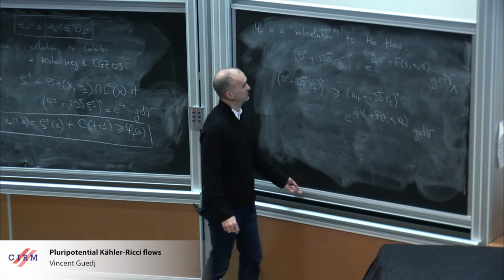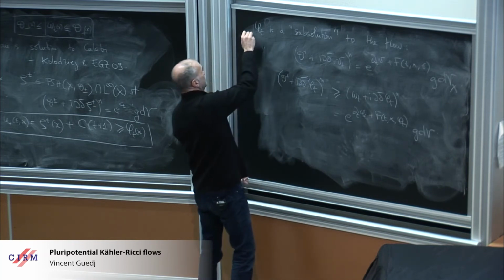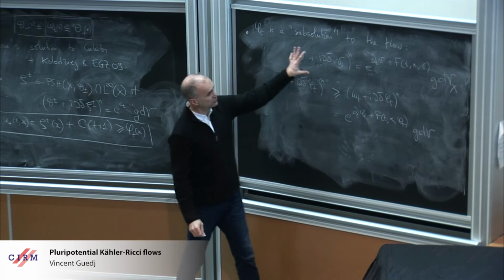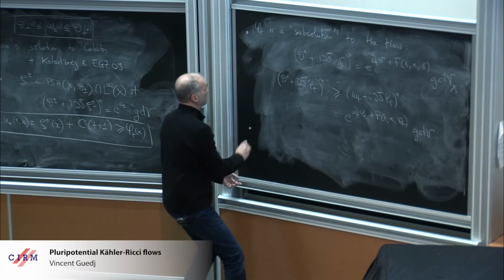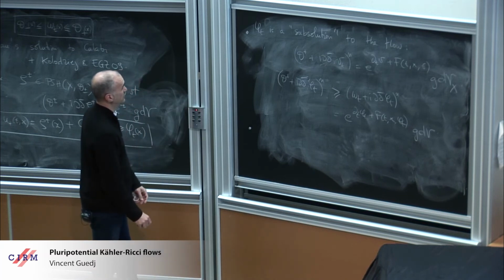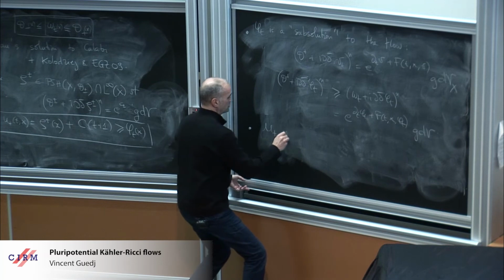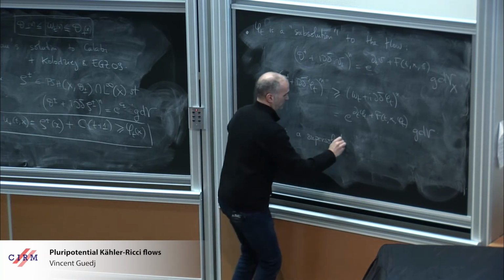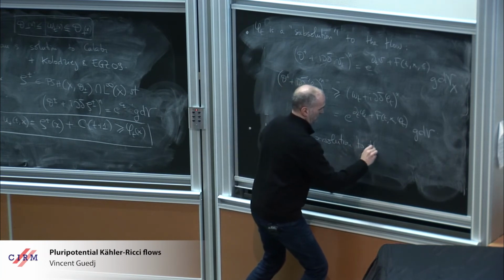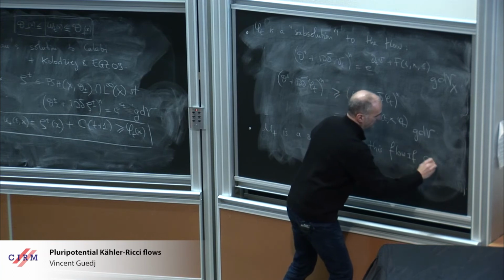And now, okay, so that's the first observation. Phi t is a subsolution for this Monge-Ampère flow. And now you compare to the fact that u plus, the claim is that u plus is a supersolution to this flow, if c is large enough.